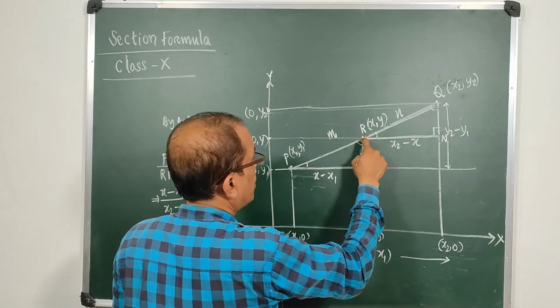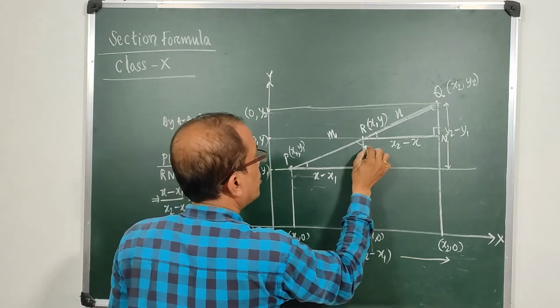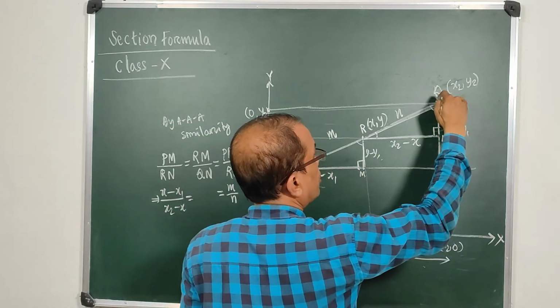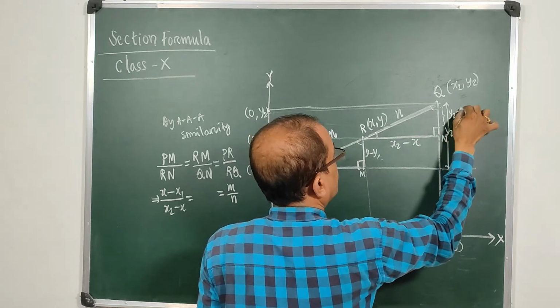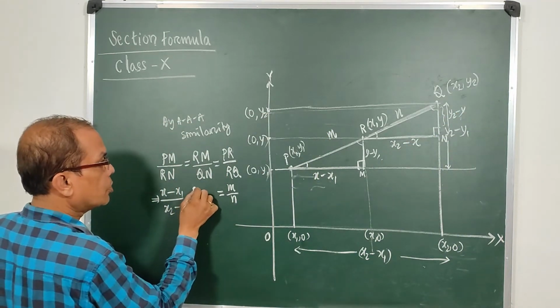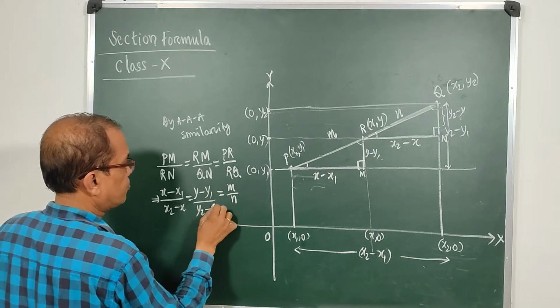This point is y and this point is y1, so this will be y minus y1, and similarly this is y2 and this is y, so this is y2 minus y. So we write the values: this is y minus y1 upon y2 minus y.